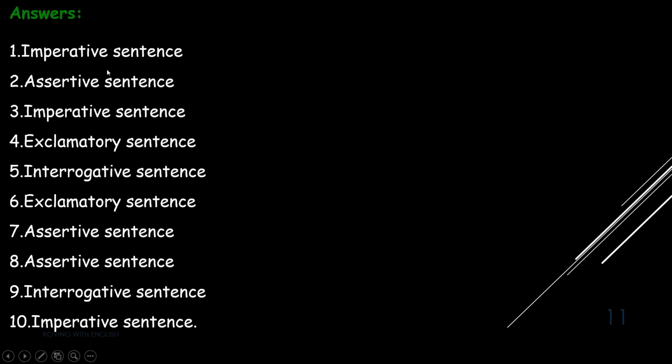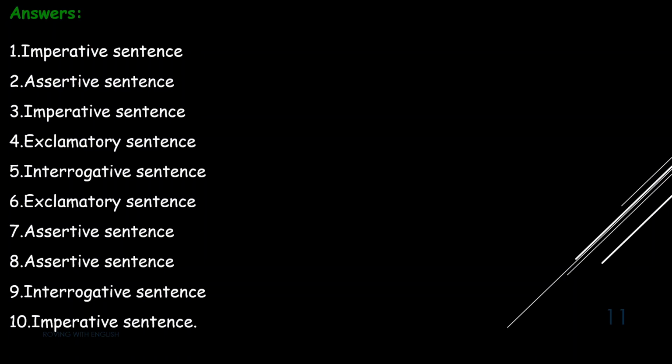The first sentence was, please let me work. That's an imperative sentence. Next, the boys make a noise, assertive. Stand up, imperative. What a clever girl you are, exclamatory. Where do you live? Interrogative.